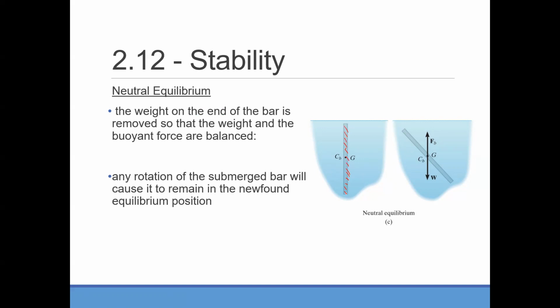This is the neutral equilibrium because CB and G are in the same position. It will depend on the loading and how much fluid has been displaced by that bar or the loading.